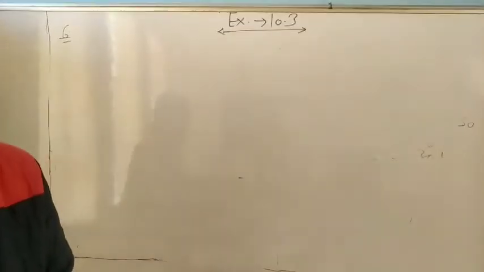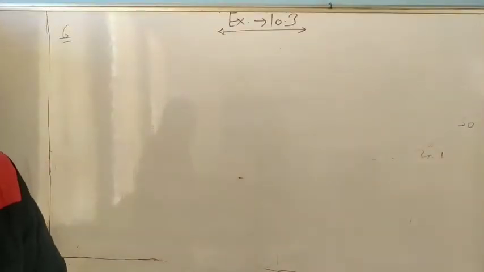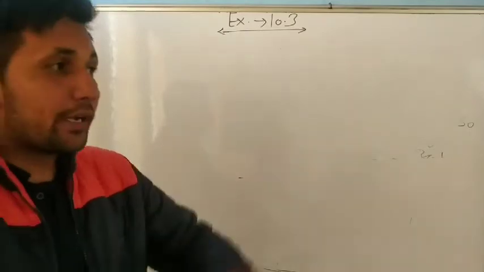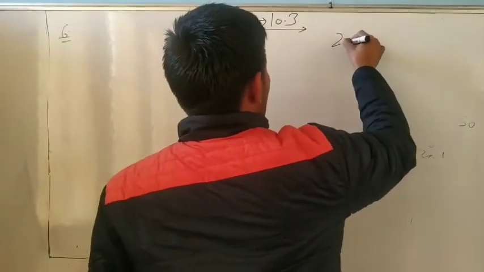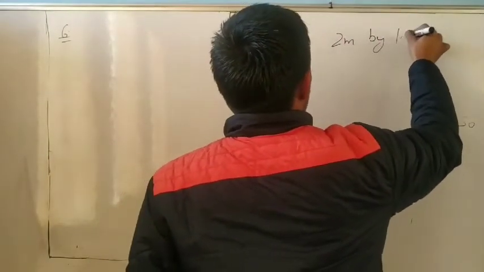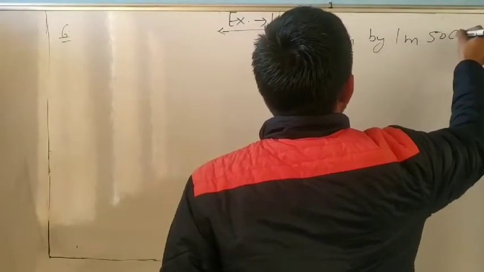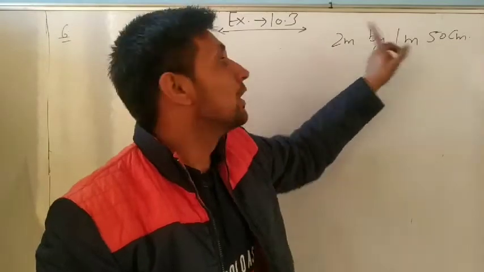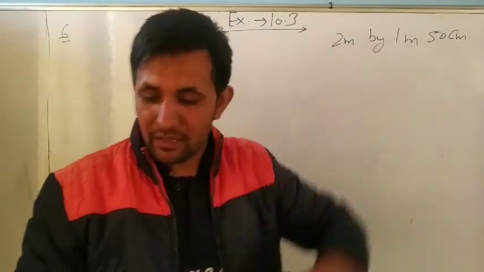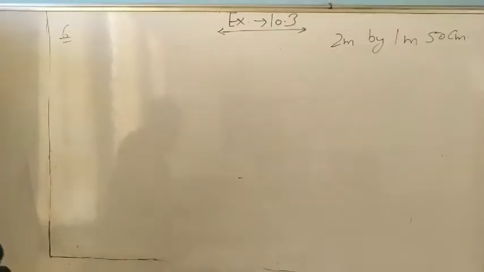So write: a tabletop measures 2 meter by 1 meter 50 centimeter. Always remember, by means length, by breadth; length multiply breadth. What is the area in square meter?